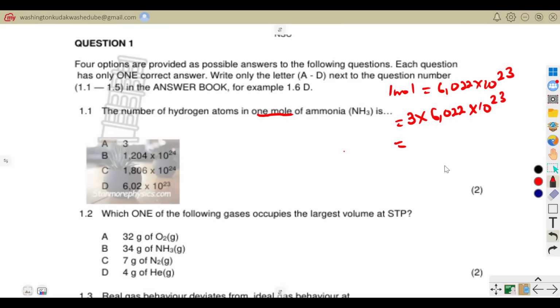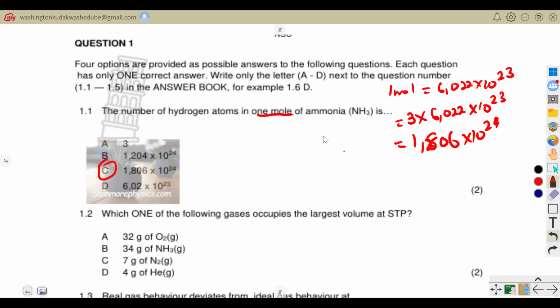If you do that, your answer was supposed to be equal to 1.806 times 10 to the power 24. So the answer here was supposed to be C, 1.806 times 10 to the power 24. That was the answer that you were going to get. If you punch in your calculators 3 times this, you are supposed to get that. So your answer was supposed to be C.